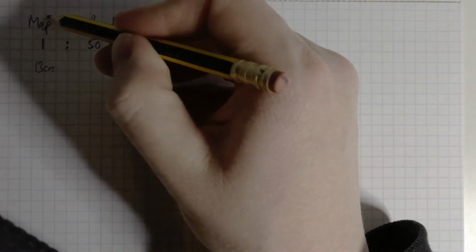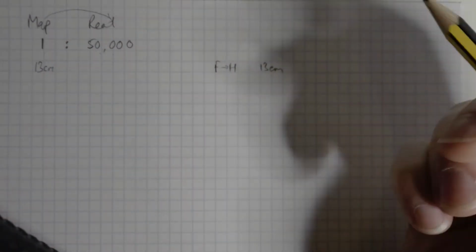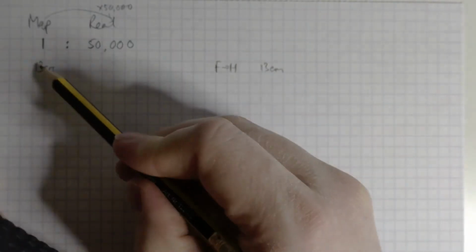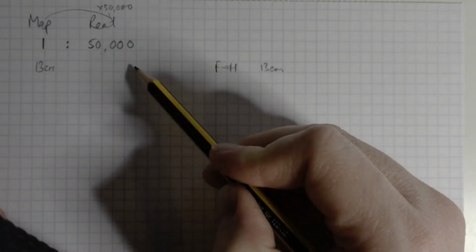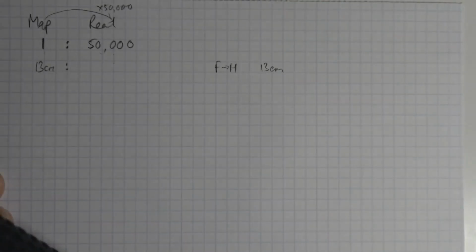I'm actually going to multiply it across here. I notice that to get from the number 1 to 50,000, that's just times 50,000. So I'm going to do the same down here. I'm going to multiply 13 by 50,000, and that should tell me how many centimetres the distance between Folkestone and Hythe is in the real world.